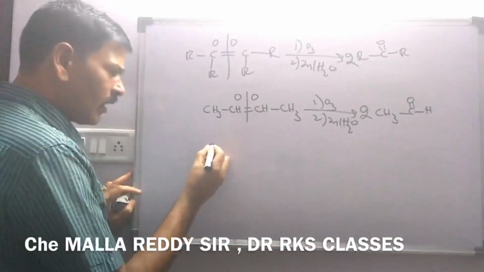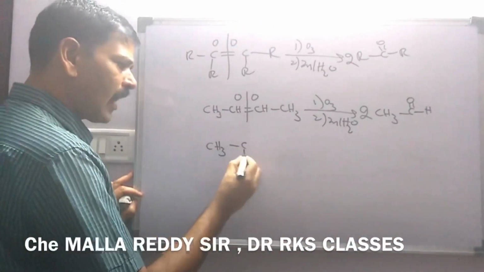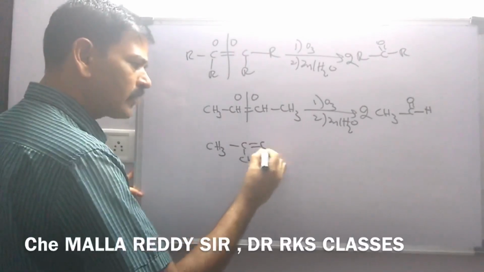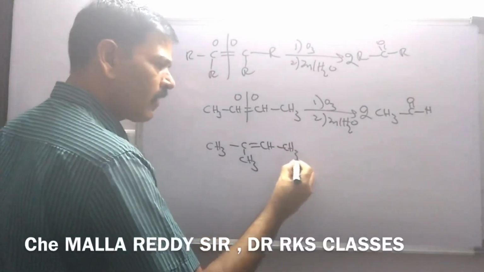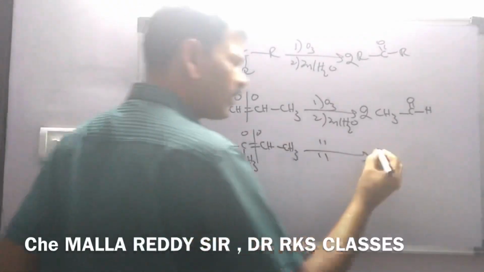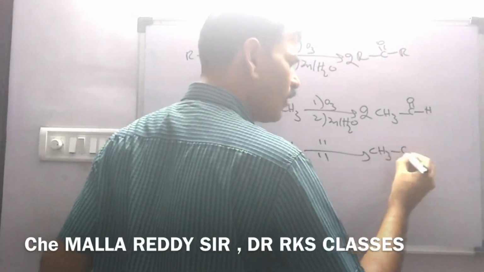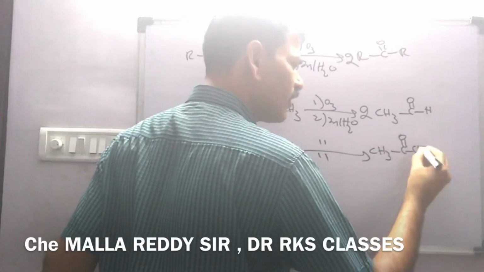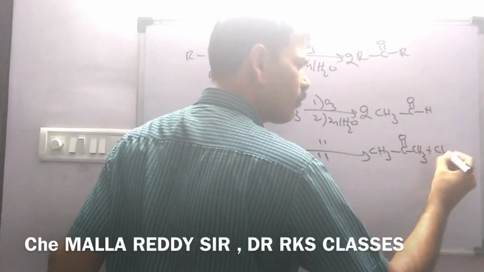For example, 2-methyl 2-butene on reductive ozonolysis. You are getting 1 mole of ketone, acetone, and 1 mole of acetaldehyde.